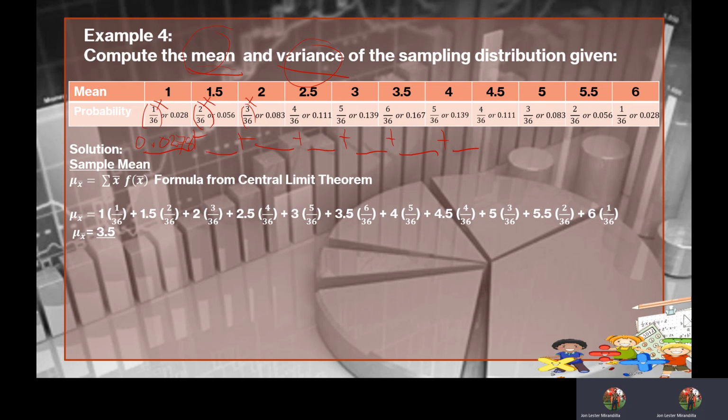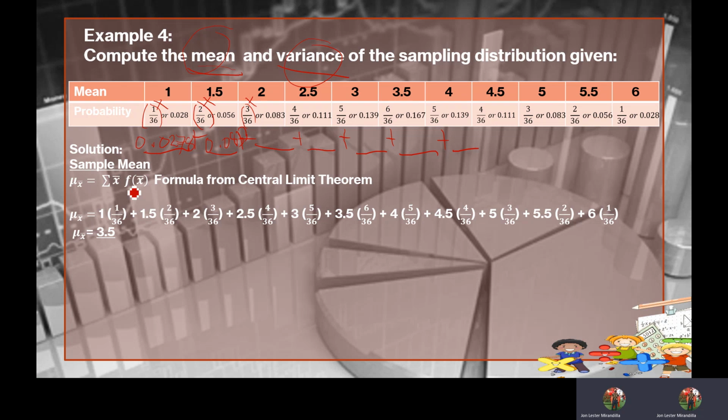So, dito naman, 1.5 times 2 out of 36, or 2 divided by 36, is what? 0.0833.